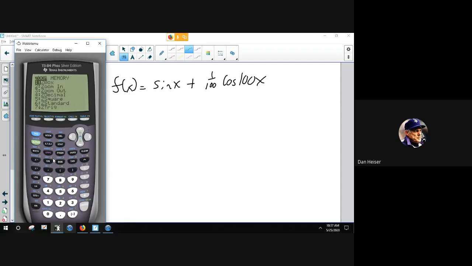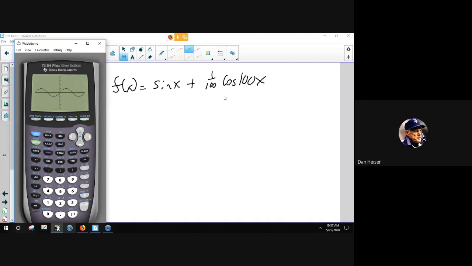I'm going to use my standard trig window, and I'm very skeptical that this is the actual graph. I'm not buying it. Because again, it looks like there's a little tiny bit of bump there, and I know that there is no way this part is being shown properly.